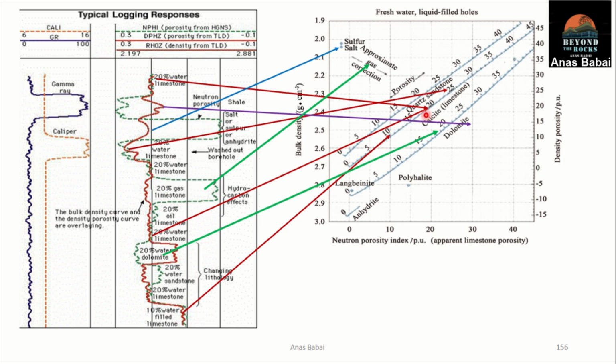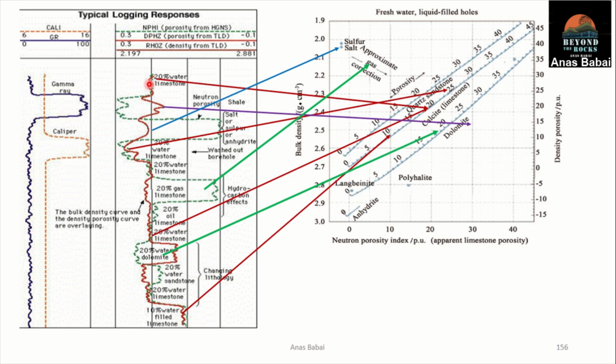As we said, since the neutron and density are calibrated to limestone, we are measuring the porosity on the limestone scale. So if the formation is limestone, both lines will overlay each other, and we will get the exact porosity value, which is 20. This is 20% water limestone, so it will give us the exact porosity value.